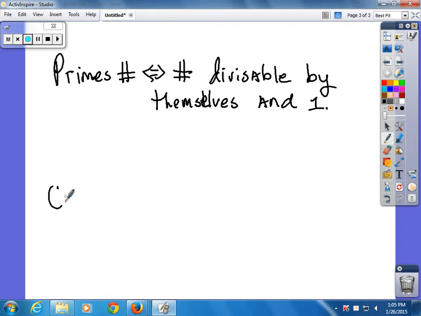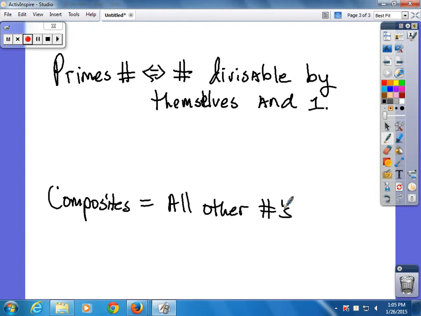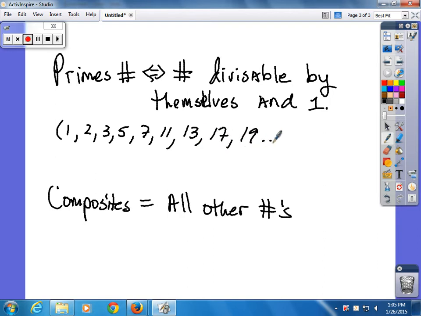Composites are all other numbers besides the primes. So if you list the prime numbers: 1, 2, 3, 5, 7, 11, 13, 17, 19, dot, dot, dot.